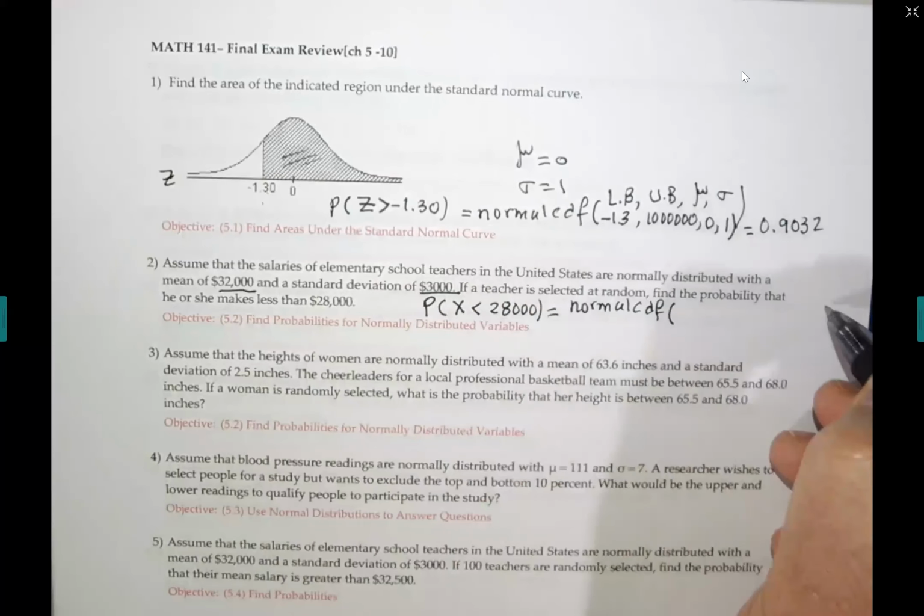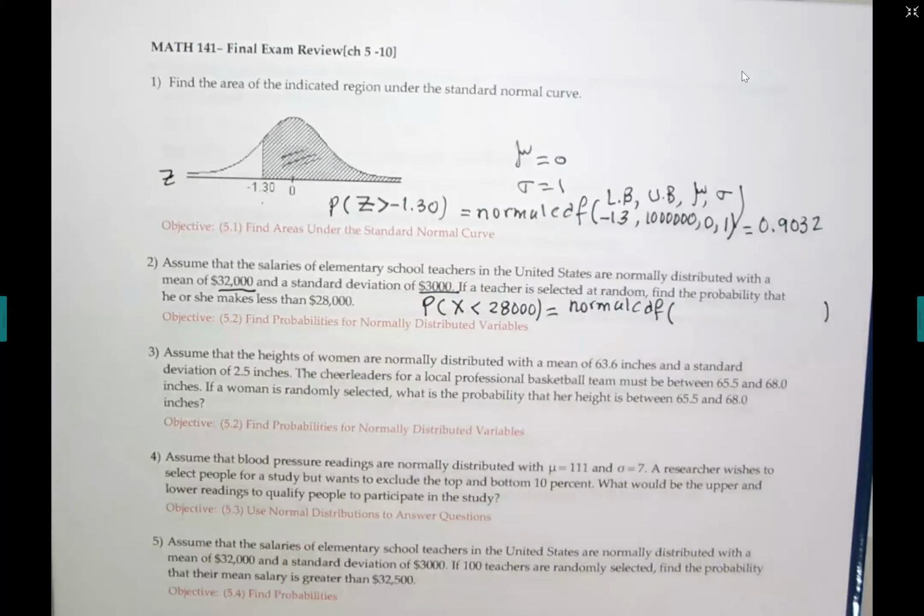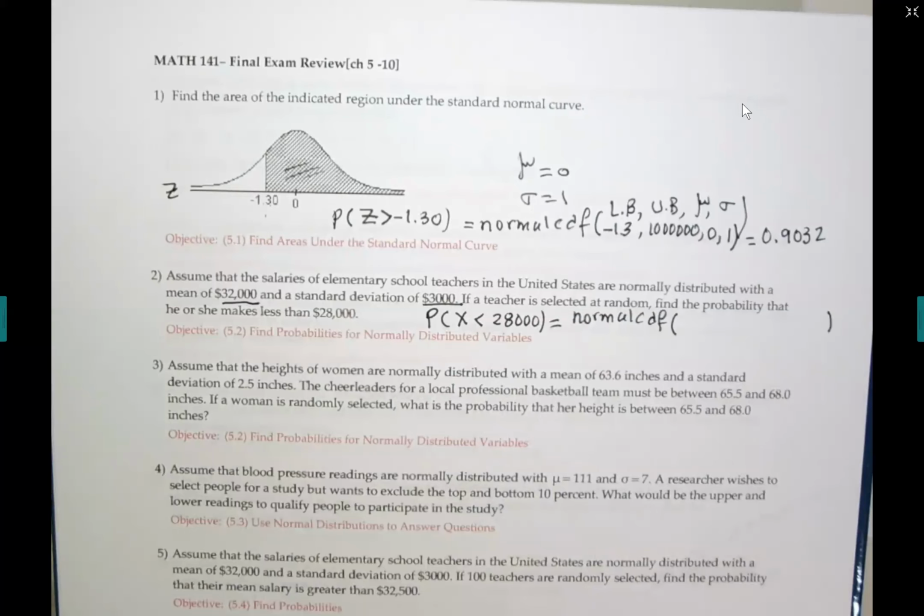Can one of you tell me what would be the lower bound, the upper bound for this? You can send me a chat message. So what would be the lower bound here? Less than 28,000. So from 28,000 and down.